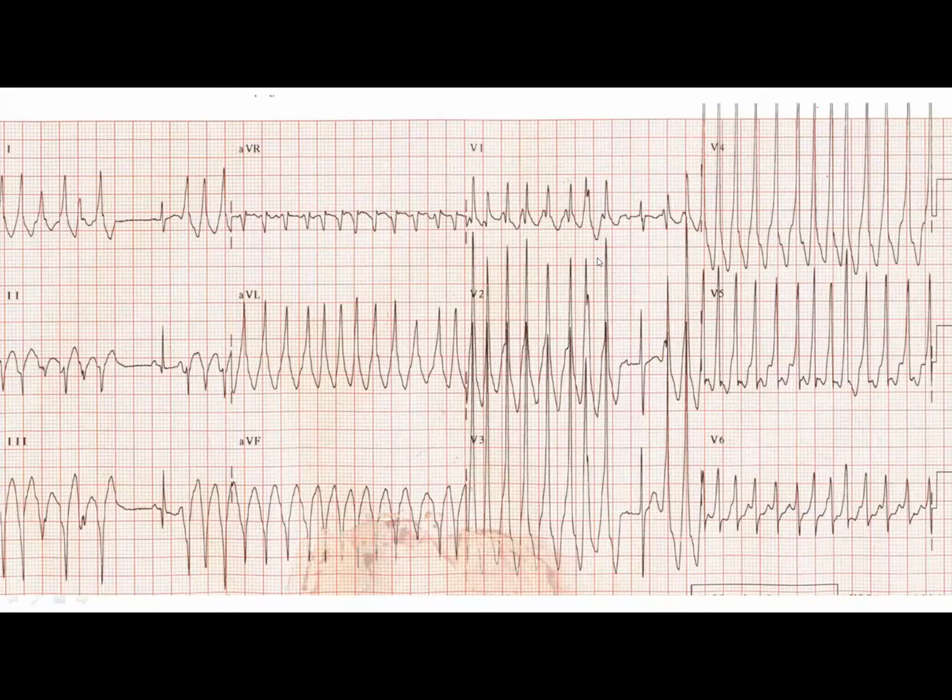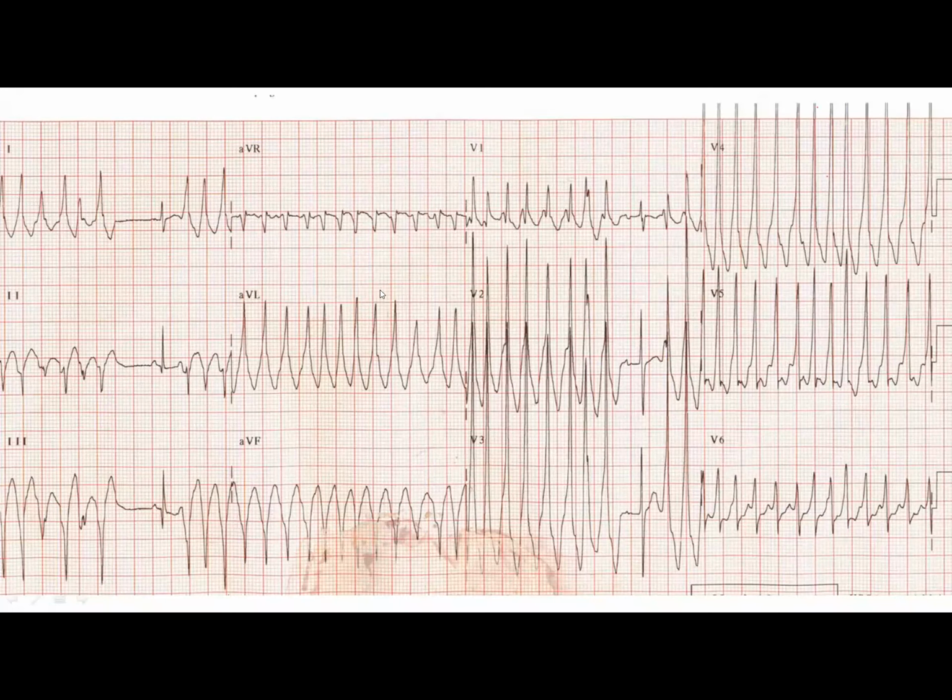No, ma'am. Okay. We'll move forward, we'll move quickly. Okay, so this is the tachyarrhythmia, and it is a wide QRS complex or a narrow QRS complex? It's wide QRS. Okay, what are the common presentations of wide QRS complex tachyarrhythmias?